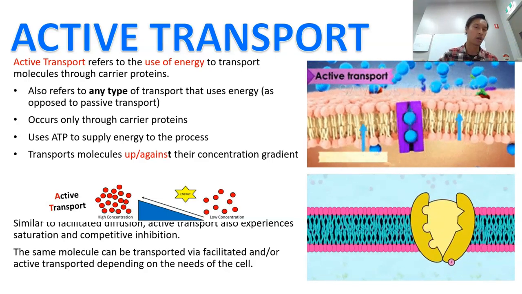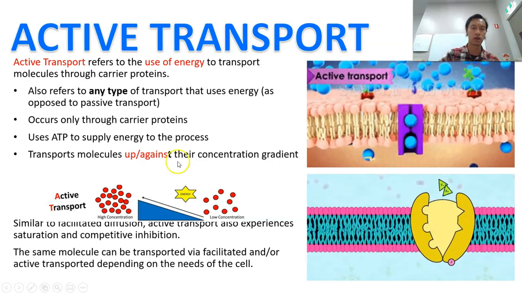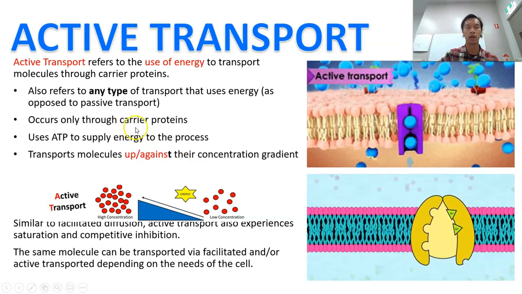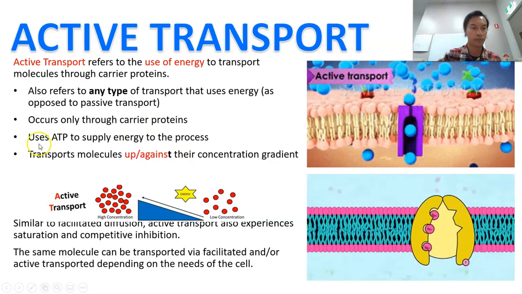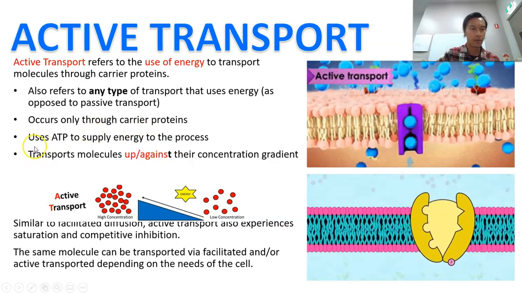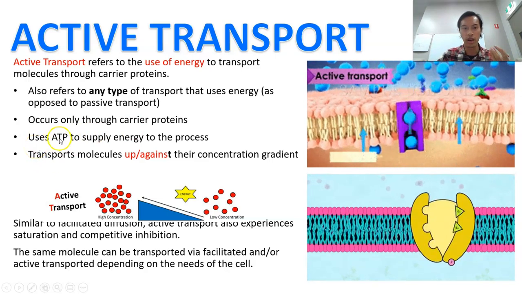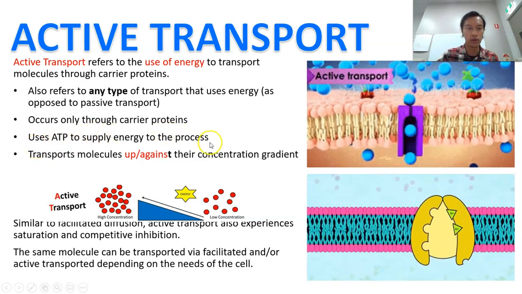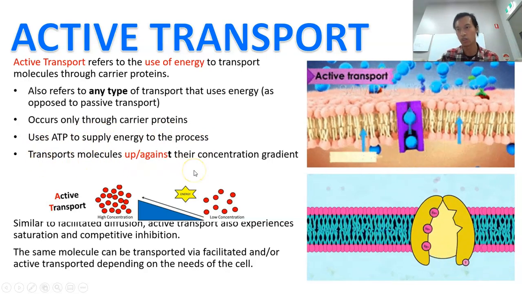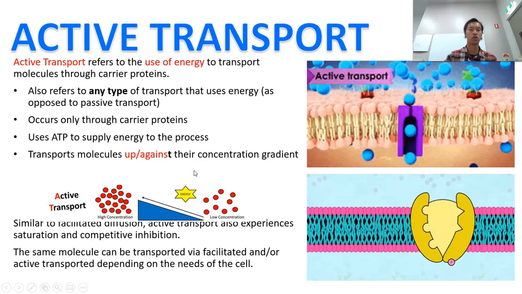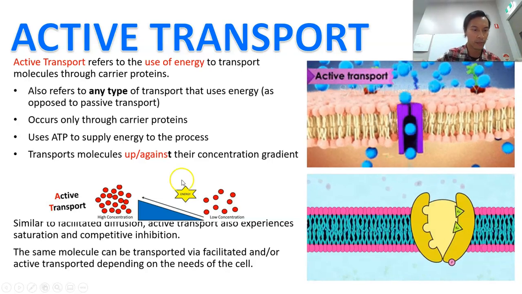Active transport only occurs through carrier proteins, right? Whereas facilitated diffusion occurs through both carrier and channel protein, sorry. It uses ATP as the primary energy supply to the process, and the transport molecule goes up against the concentration gradient and uses up energy in the process, right?